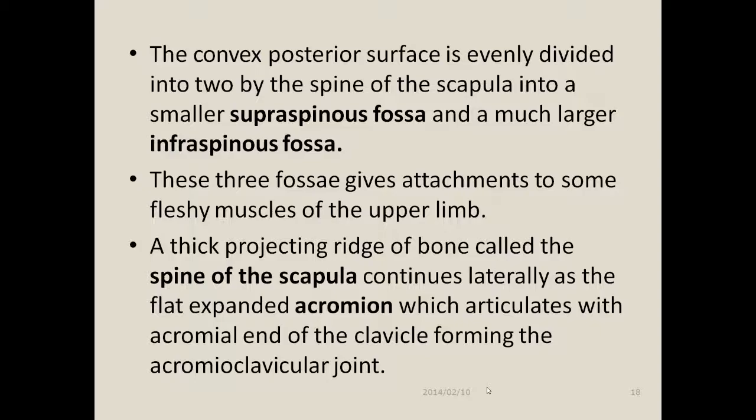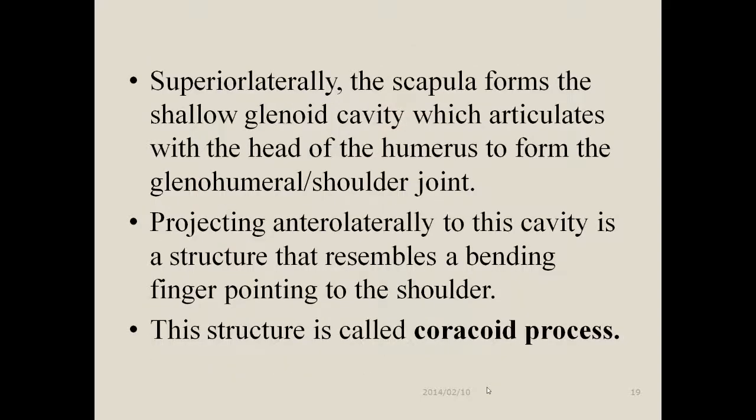The thick projecting ridge of the bone is called the spine of the scapula, and it continues laterally as the flat expanded acromion, which articulates with the acromial end of the clavicle, forming the acromioclavicular joint. So this is the only attachment where the scapula gives an attachment to the clavicle.